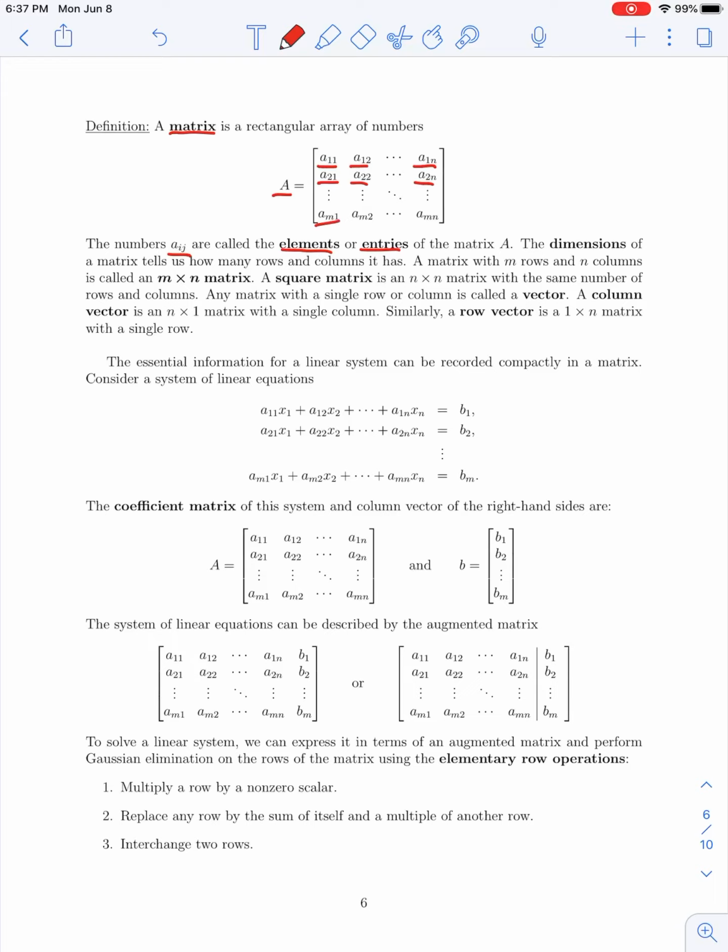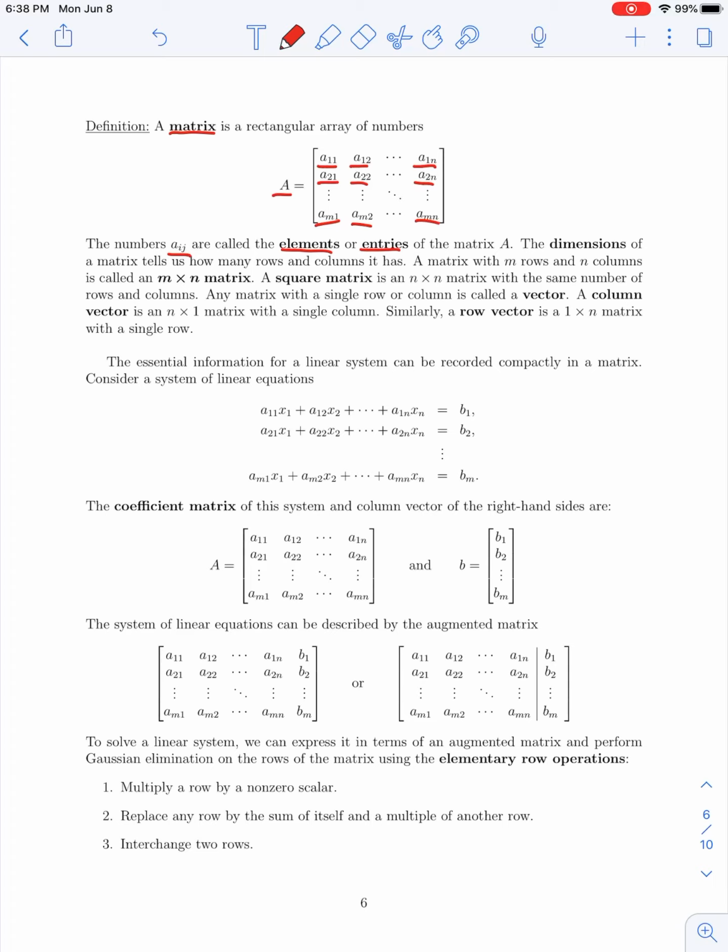Down through some a sub m1 for the entry in our mth row, first column, am2 for the mth row, second column, up through amn for that last entry.